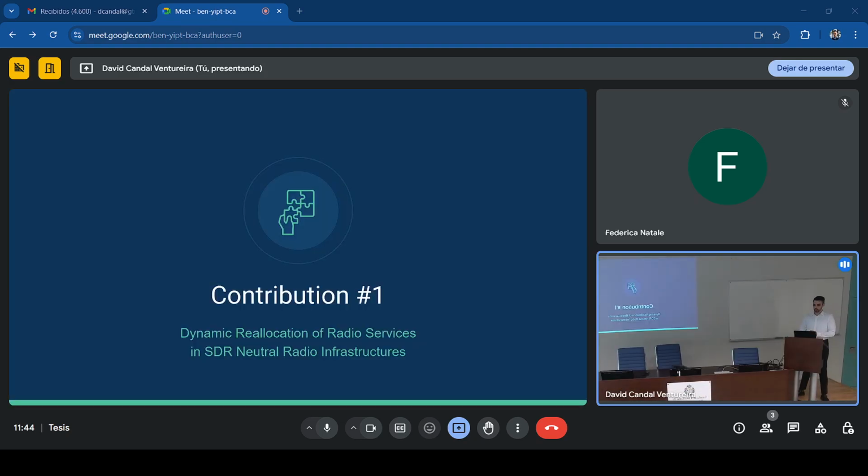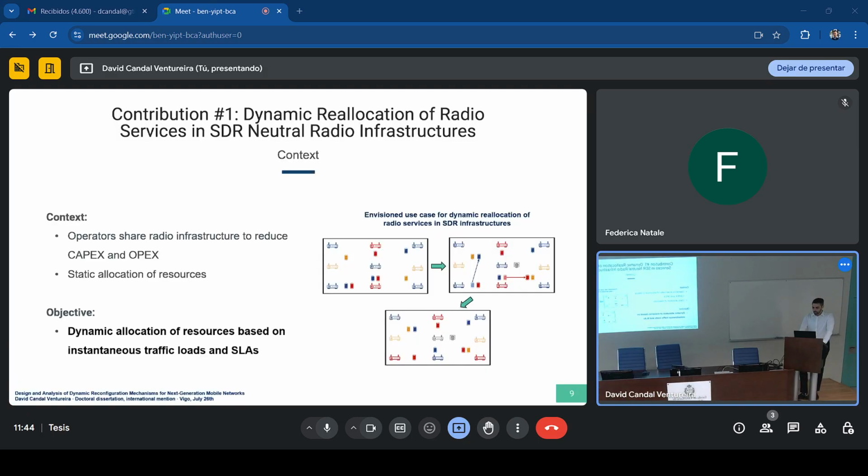Okay. My first contribution provides a framework to relocate the equipment in a radio infrastructure composed of SDR devices to different operators, for example, according to agreements or dynamic network conditions. Operators have traditionally shared infrastructure to manage more base stations at reduced cost.